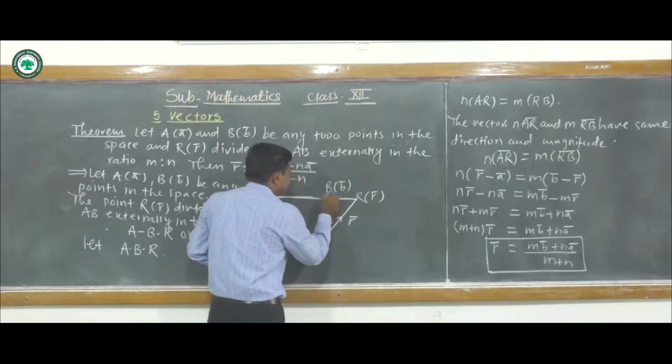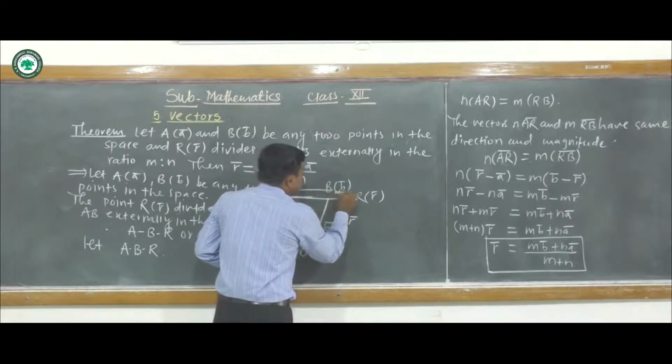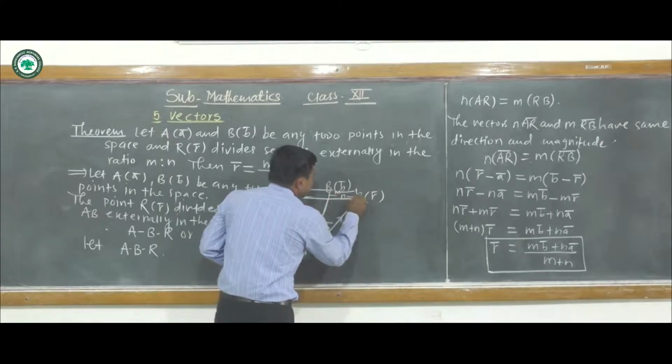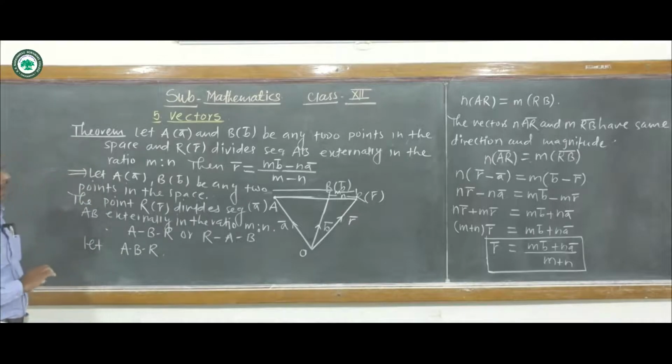It means that this distance is m and this distance is n. Means the length of AR is m and length of BR is n.